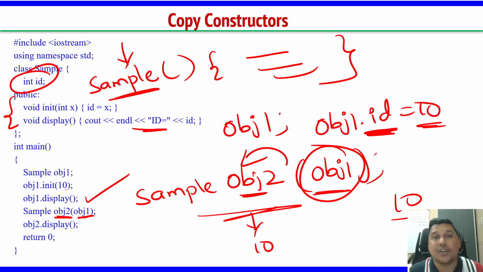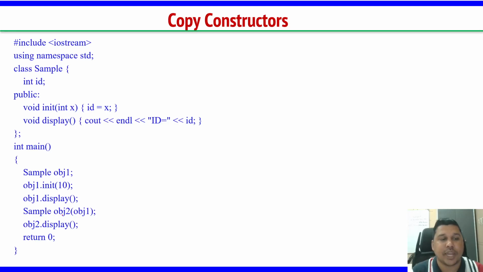When we studied the copy constructor concept, what did I say? I said that a copy constructor is used to copy the contents of one object into another object. This is proof that you need not define a constructor explicitly. Still, by writing object 2 of object 1, the contents of object 1 will be copied into object 2.